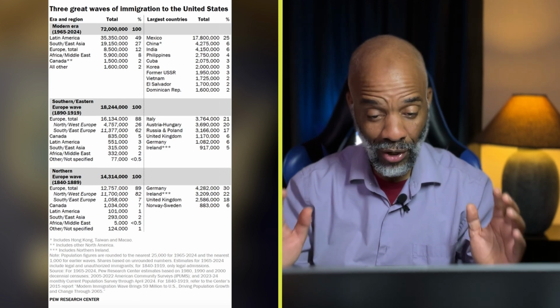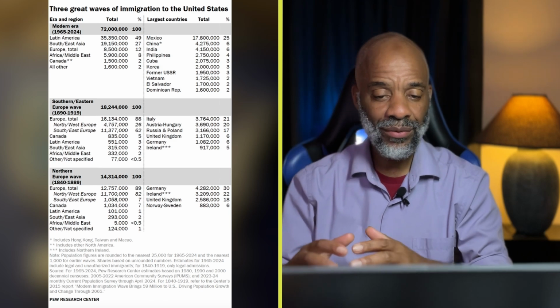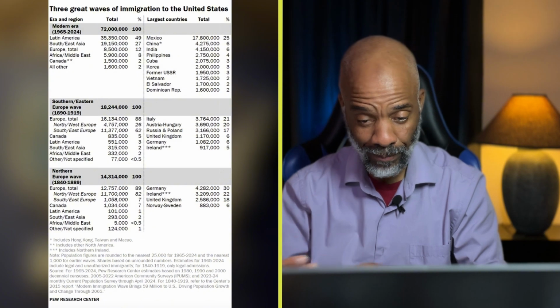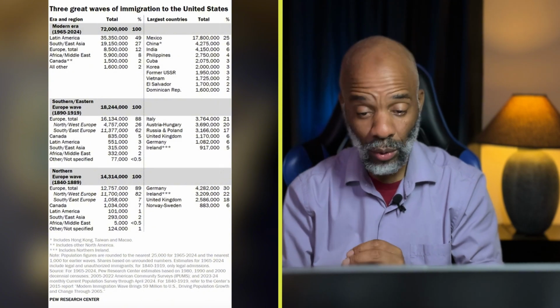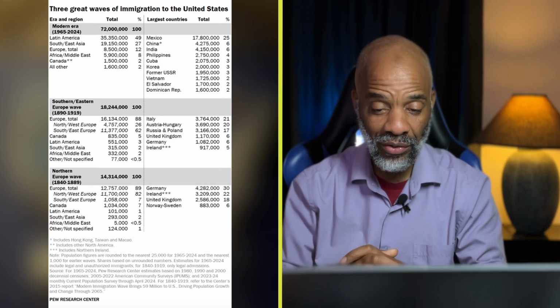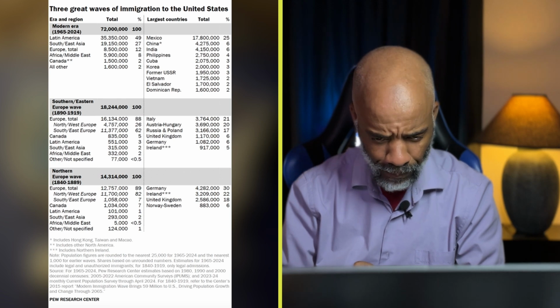Then in the second wave, you have South and East Europe: Italy, Hungary, Austria, Russia, Poland, and also the United Kingdom, a few more Germans and the Irish as well.